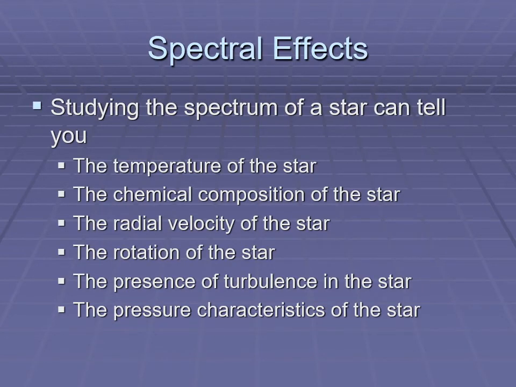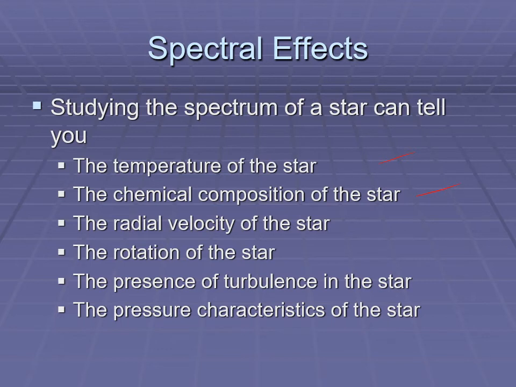And so by looking at the spectrum of a star, by looking at the peak wavelength, the color that is most intense coming out of the star, that would tell you the temperature of the star. So that is the blackbody radiation. By looking at which spectral lines you have in the star, that tells you the chemical composition of a star.